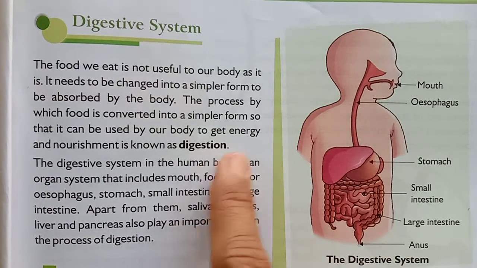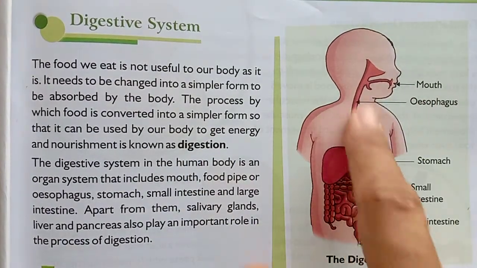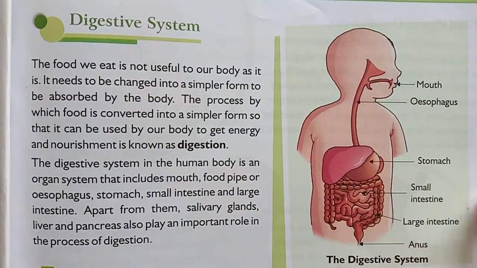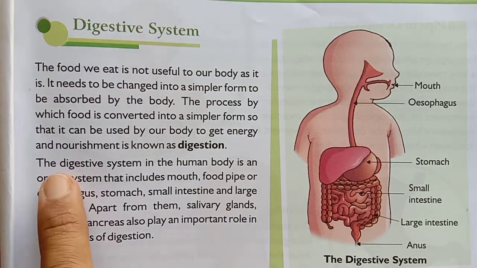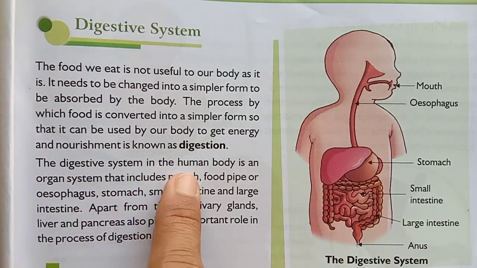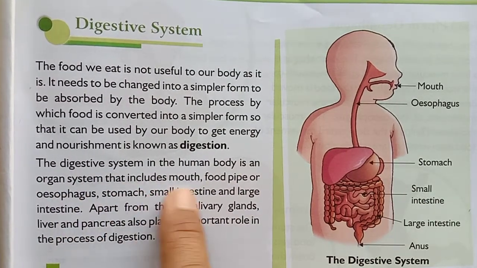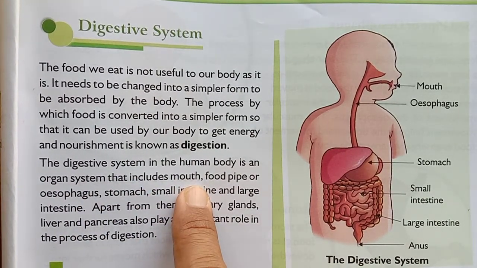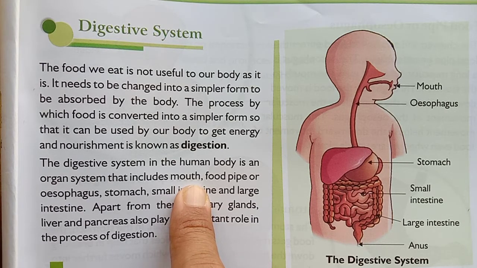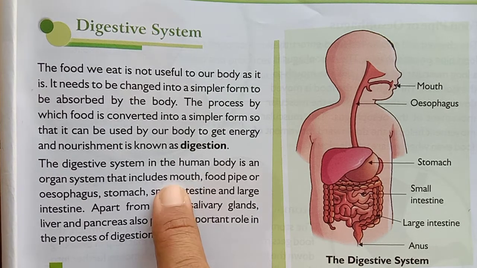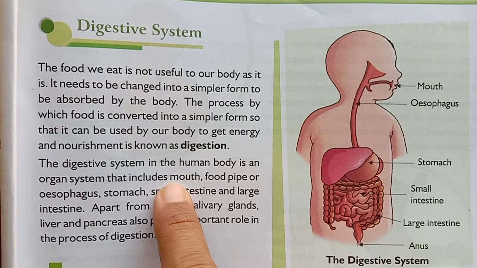Okay, students, I will explain this to you. You may be thinking about this picture. I will explain afterwards. So let's see this. The digestive system in the human body is an organ system that includes the mouth. I told you already, the digestive system starts from the mouth.